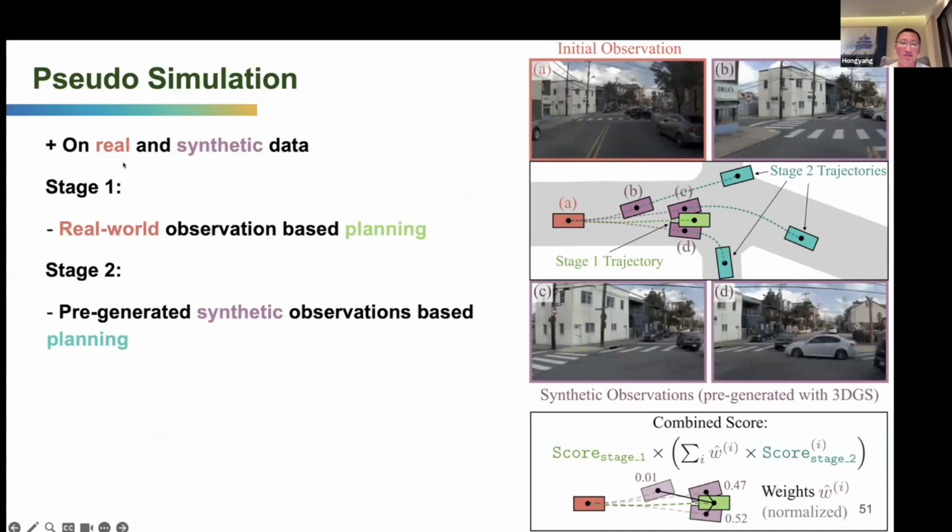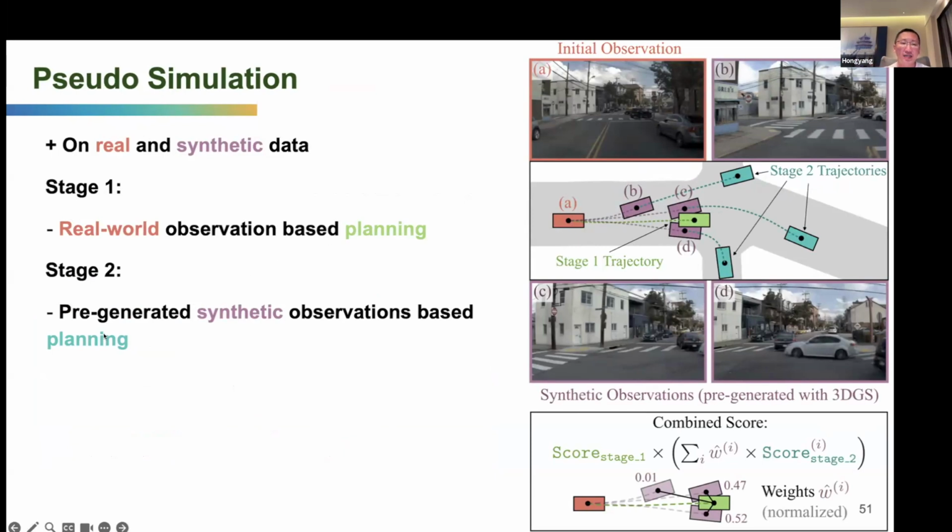So the pseudo means we have two stages, on real and synthetic data. The real part is the red one, the initial ego vehicle observation based on the planning. So from the red to the green, this is stage one, the real trajectory, okay?